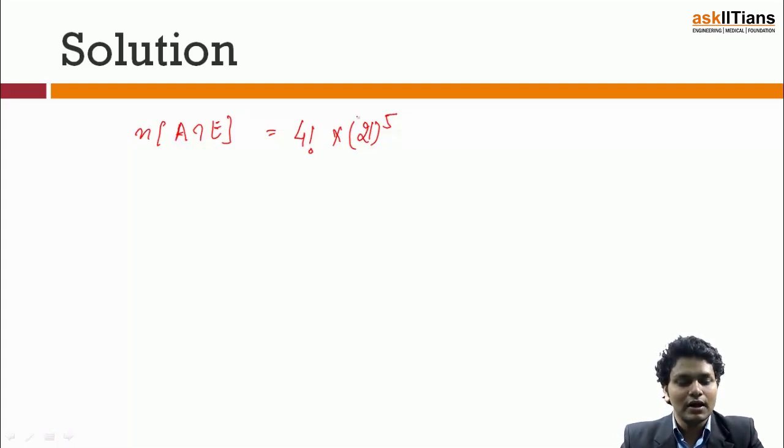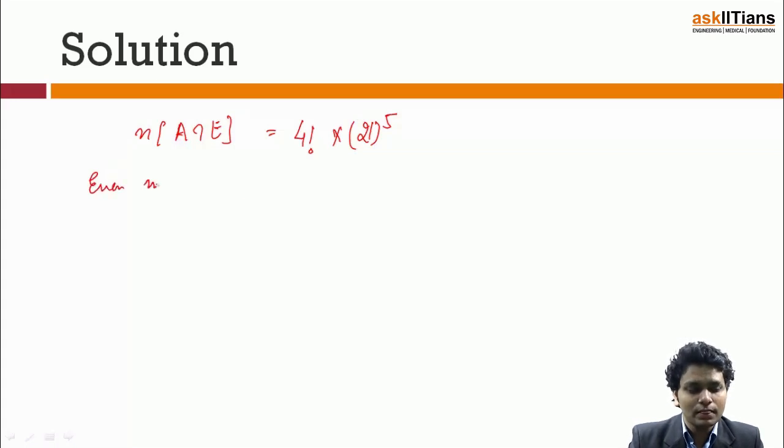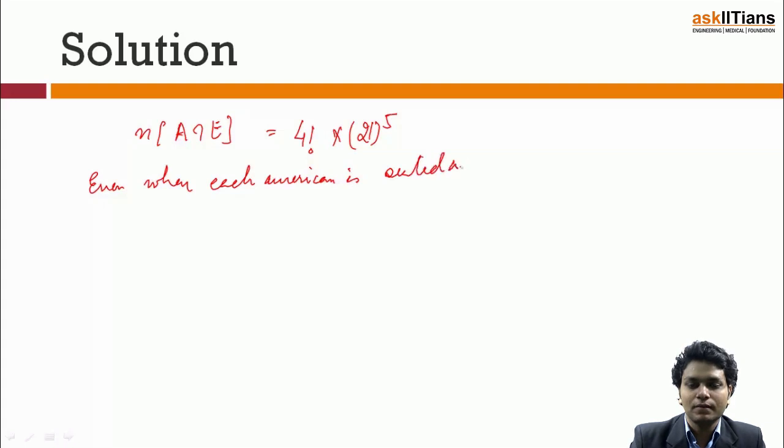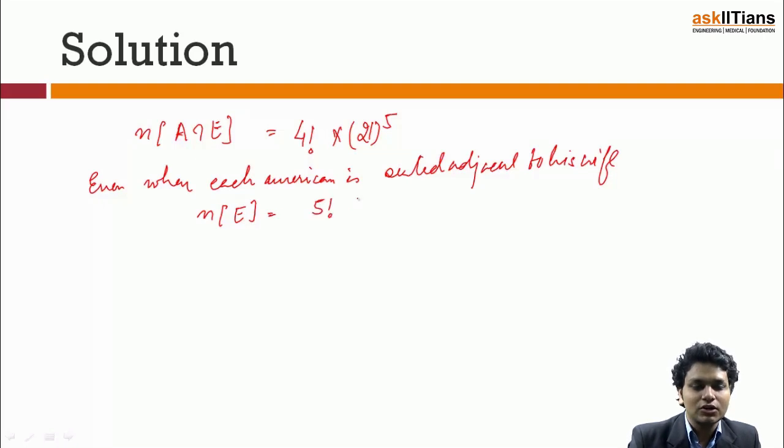And secondly, when each American is seated adjacent to his wife, that event can be written as the probability of E, and that can be written as 5 factorial into 2 factorial to the power 4.